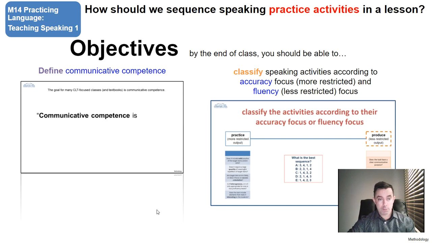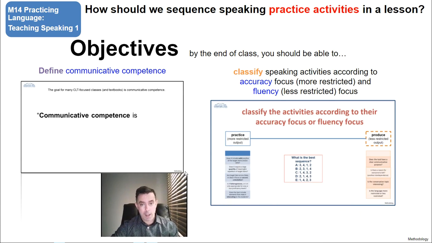You should be able to define communicative competence, what that means in this context. Basically a balance of fluency and accuracy, right? And you should be able to classify some speaking activities according to whether it's focused on accuracy, which would be more restricted, or more of a fluency focus.